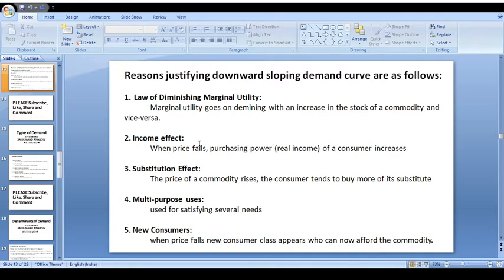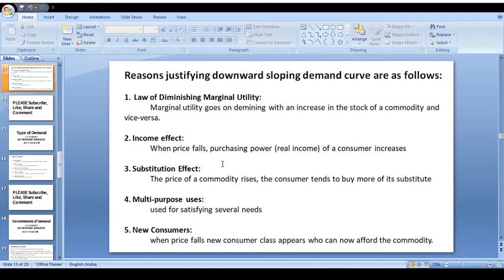And our next reason is the substitution effect. Now, what is the meaning of the substitution effect? First of all, we have to understand what a substitute is.